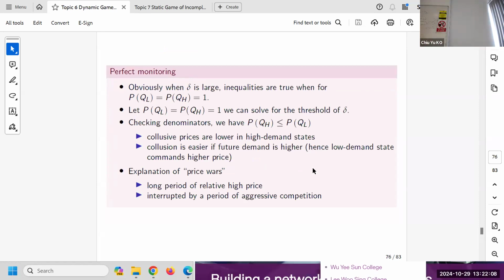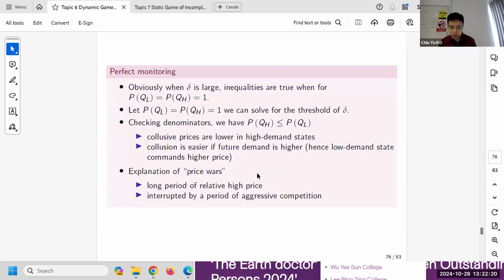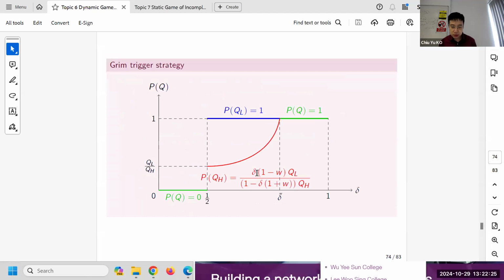We can look at the denominator and check this ratio.